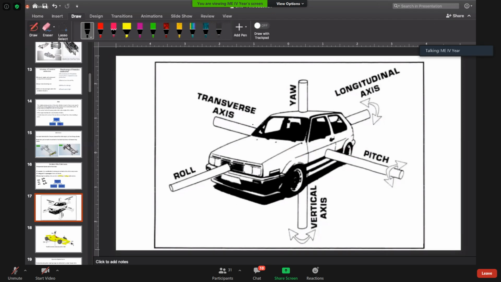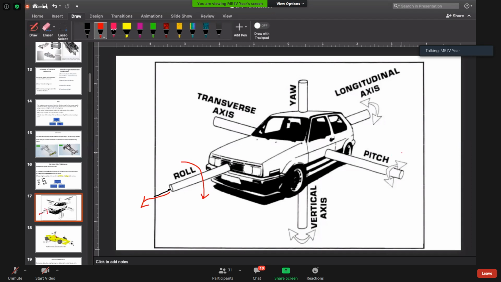So let's see the figure. In this figure, this first axis is the one about which, if the vehicle tries to rotate, it is called rolling. These are the degrees of freedom of a vehicle.